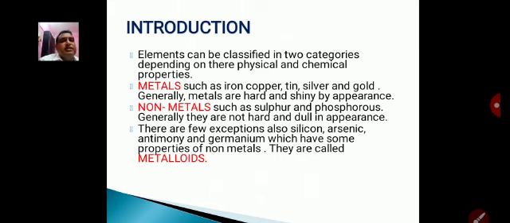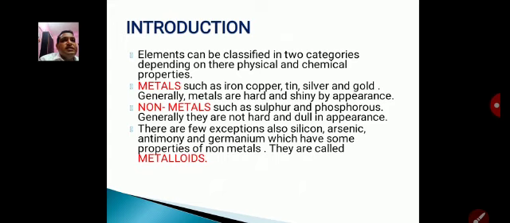Basically, elements can be classified into metals and non-metals. Metals are iron, copper, silver, gold, and others. Non-metals may be sulfur and phosphorus. But there is one more category, that is metalloids.